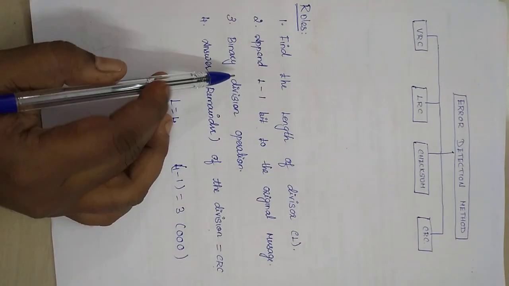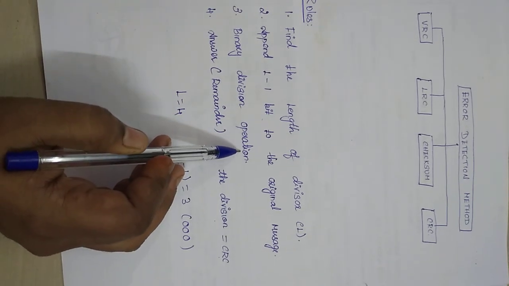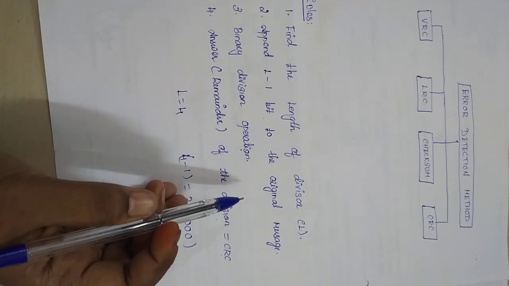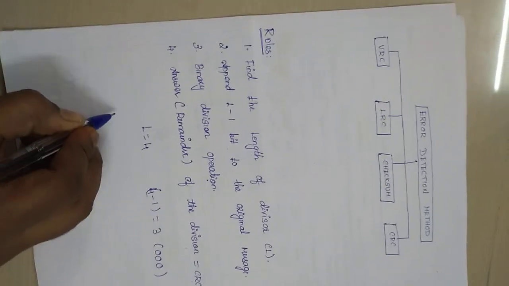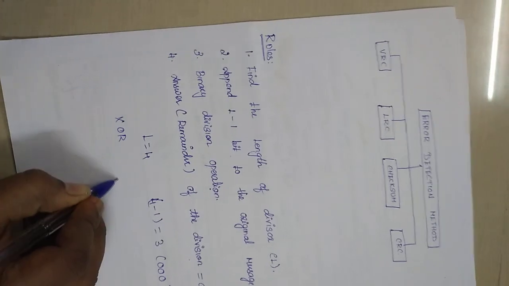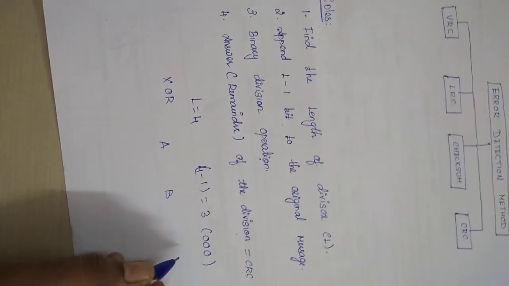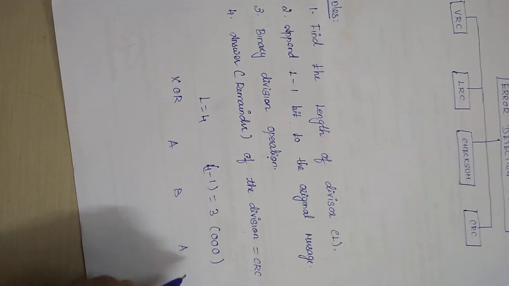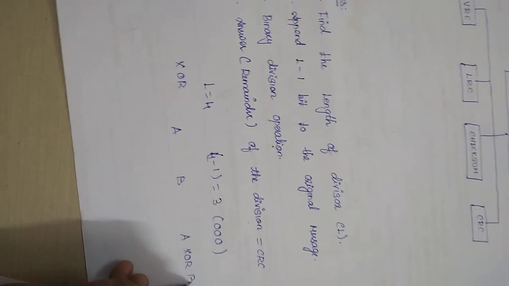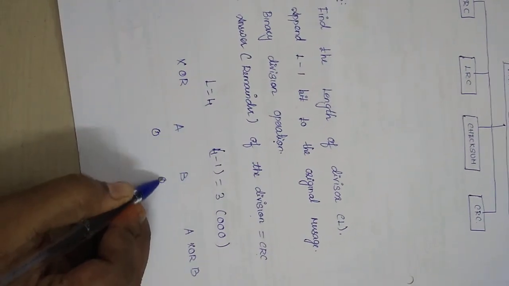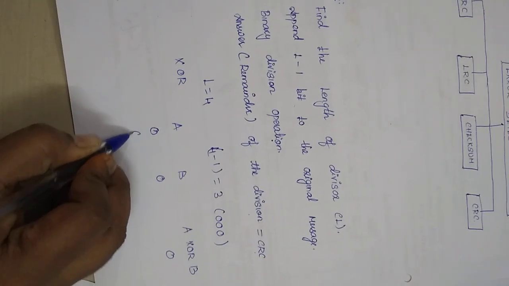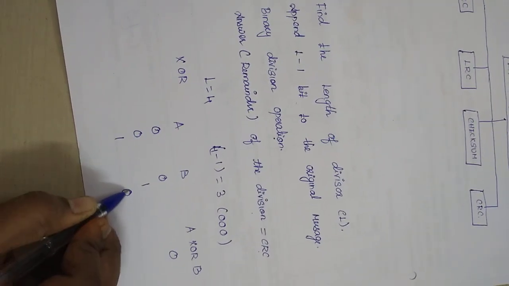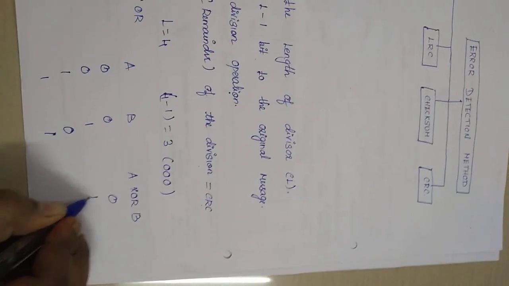Now the third point, the binary division operation. What is meant by binary division operation? That means we perform an XOR operation. For the XOR operation, the truth table has inputs A, B and then A XOR B: 0 0 gives 0, 0 1 gives 1, 1 1 gives 0.